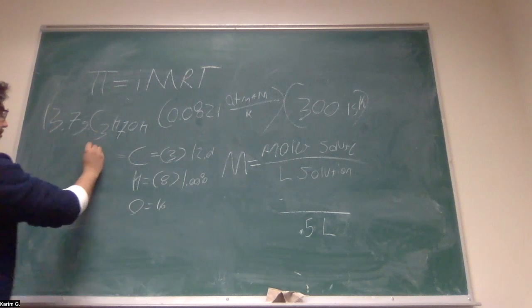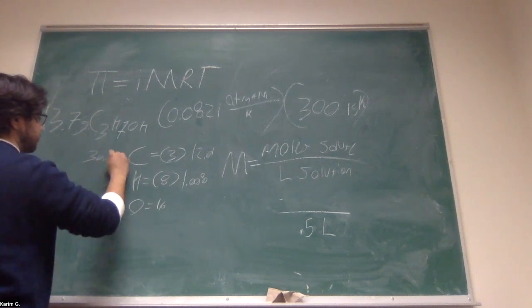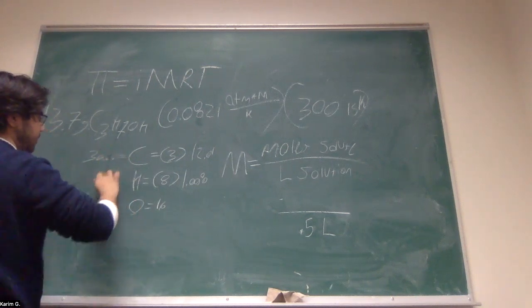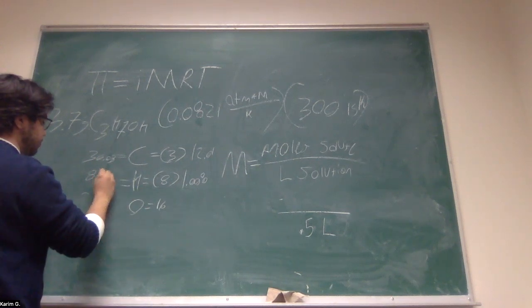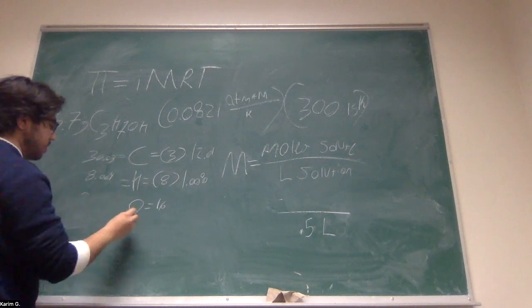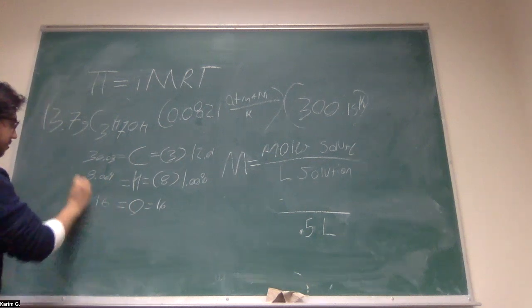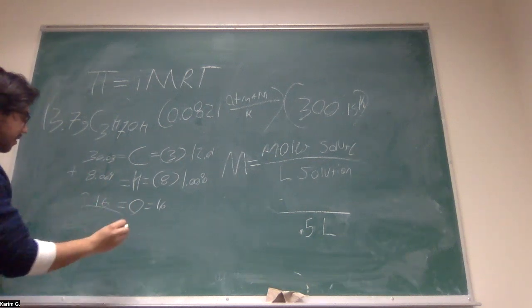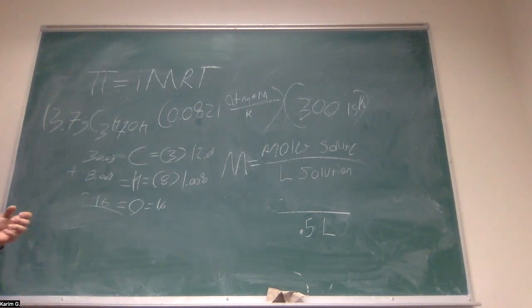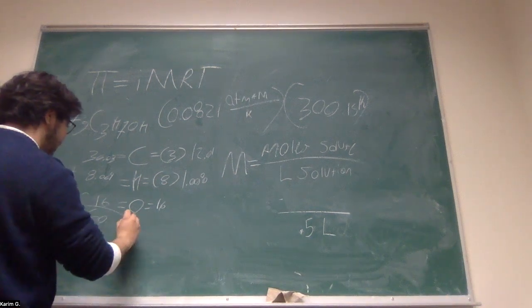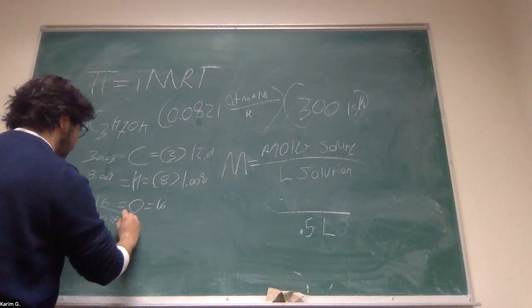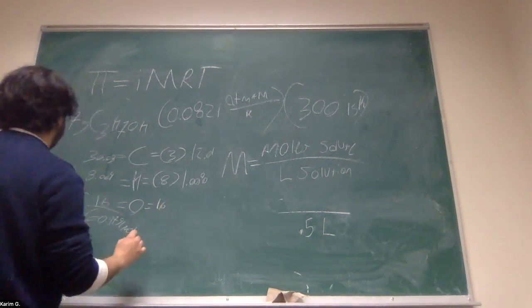So I'll get 36.03, I'll get 8.064, and then I'll just get 16. What do you get when you add all this up? 60.097 grams per mole, right? So this is our molar mass.